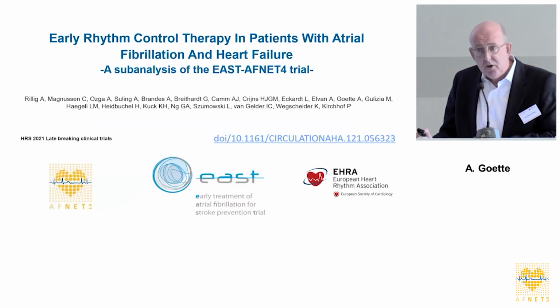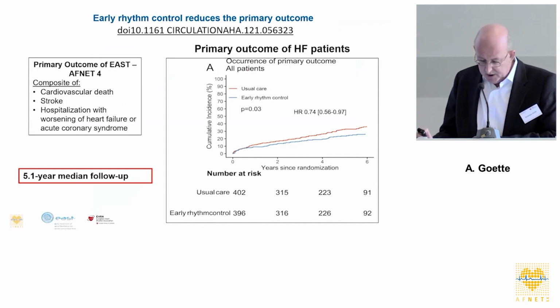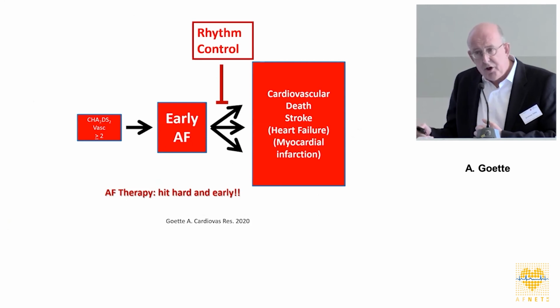And of course, you have seen the recent publication from the EAST-AFNET trial, where Andreas has shown that indeed, in particular in patients with heart failure, early restoration of sinus rhythm matters. I think it makes sense, because if we have an atrial cardiomyopathy up front and the development of atrial fibrillation, then early rhythm control has an impact.